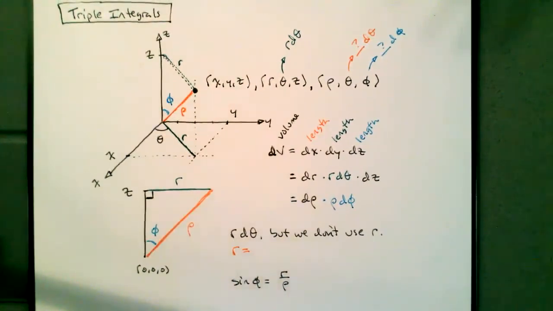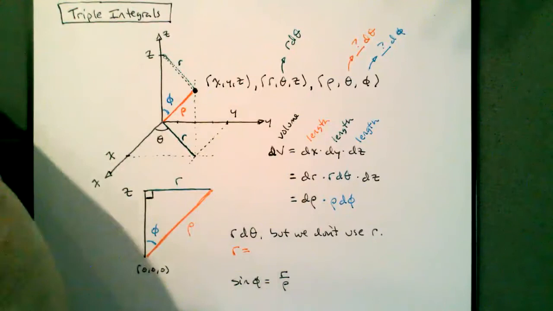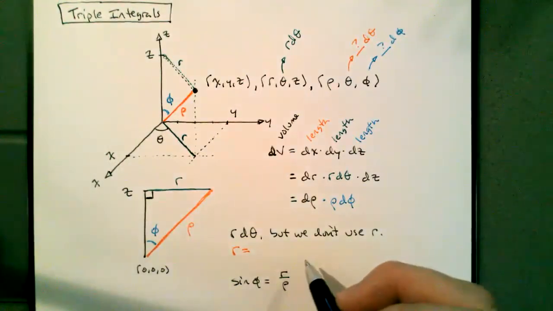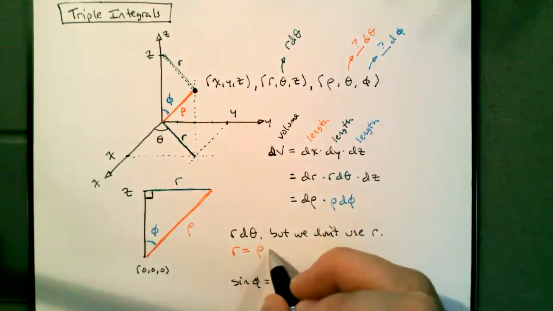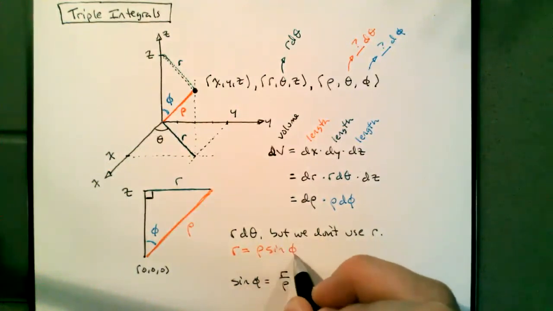So we just need to solve for r, and that means multiplying by rho. So r is equal to rho times the sine of phi.